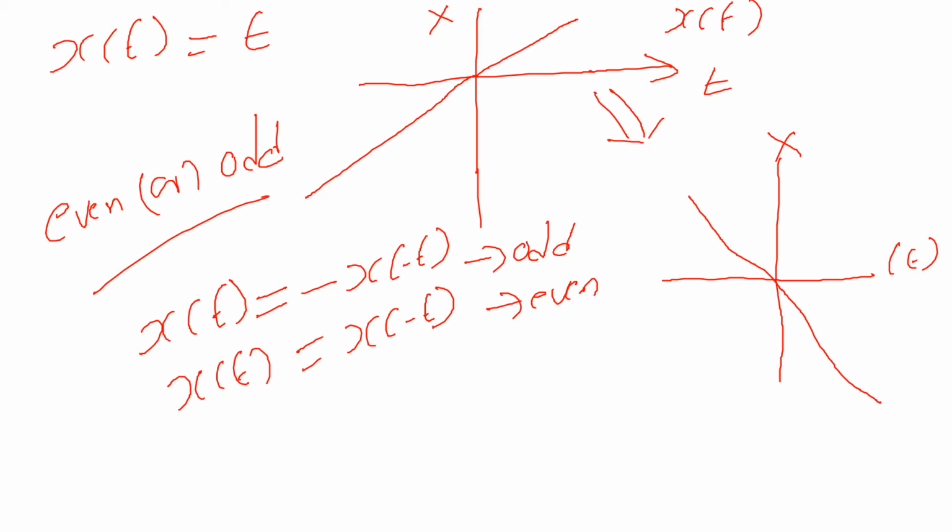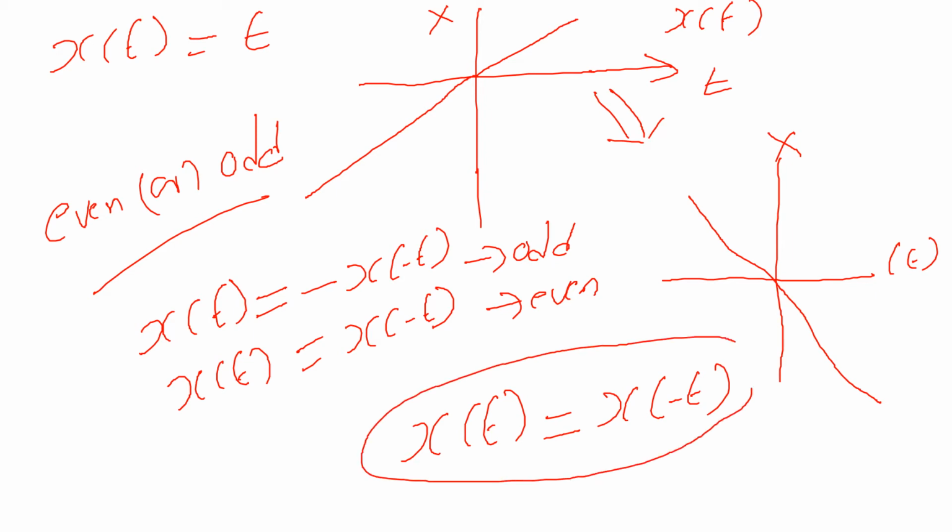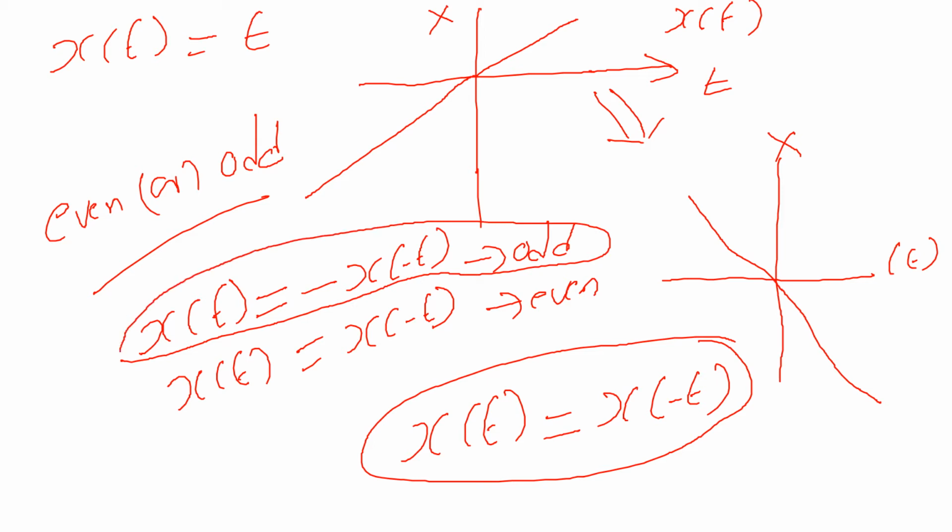So what I'm trying to say is, to get back the original signal, I should follow this particular condition, x of t is equal to x of minus t. Am I right? But in this case, this is wrong. Having said that, this is correct, right? So this particular signal is nothing but x of minus t.